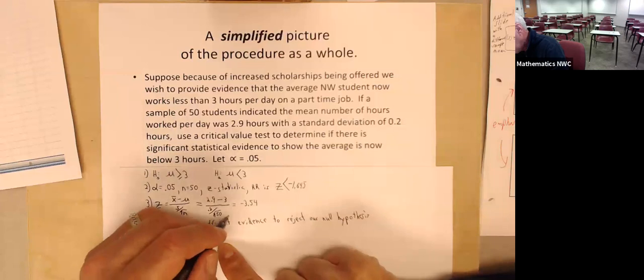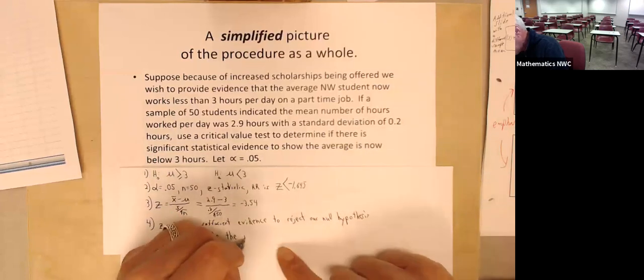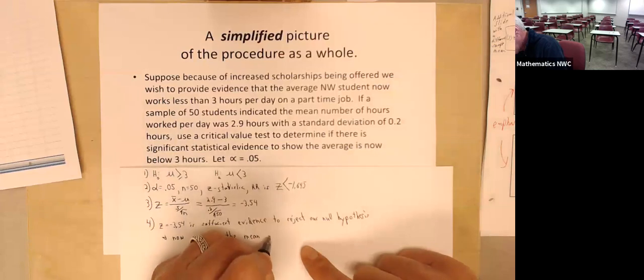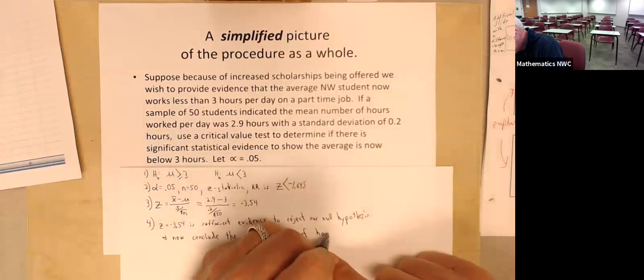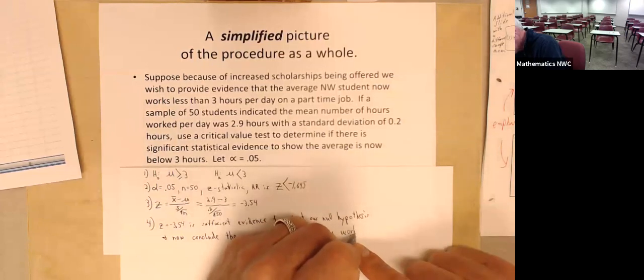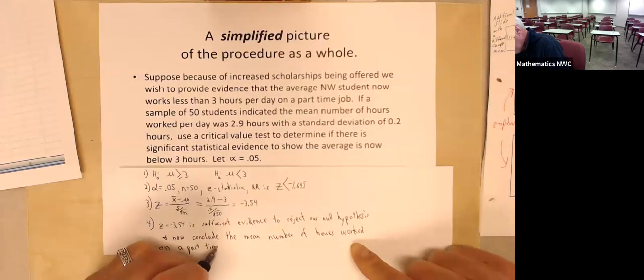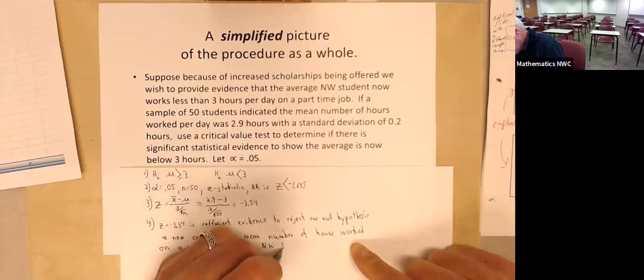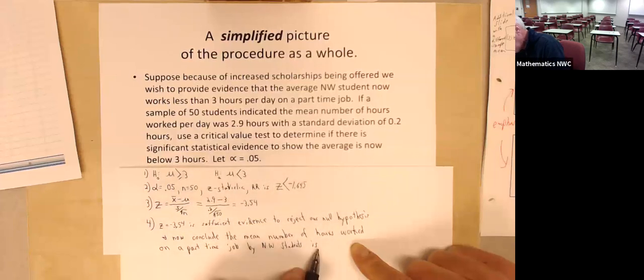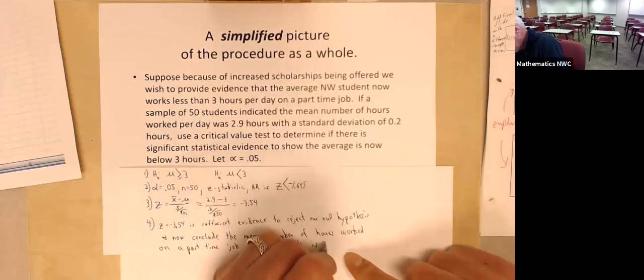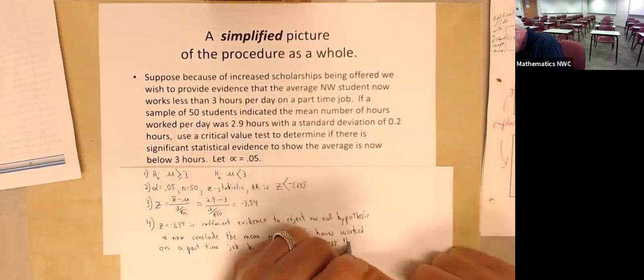I'm going to conclude the mean number of hours worked on a part-time job by Northwestern students is, here I'm now concluding that it's less than 3, is less than 3 hours.